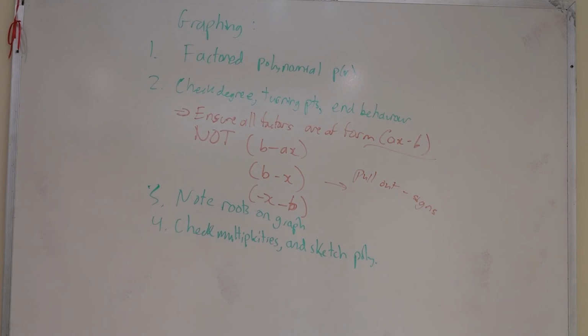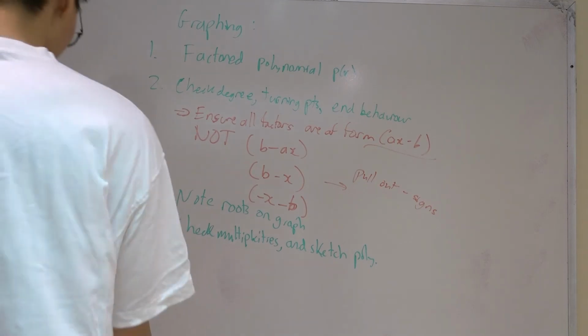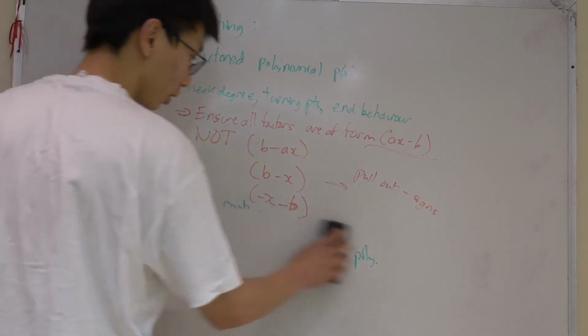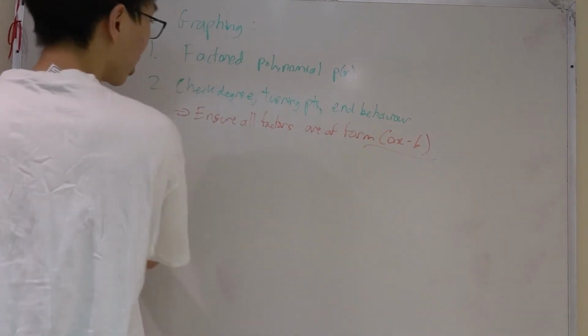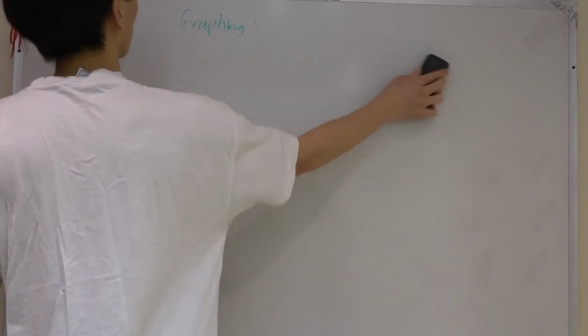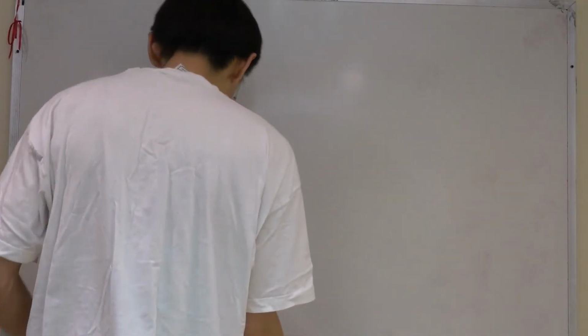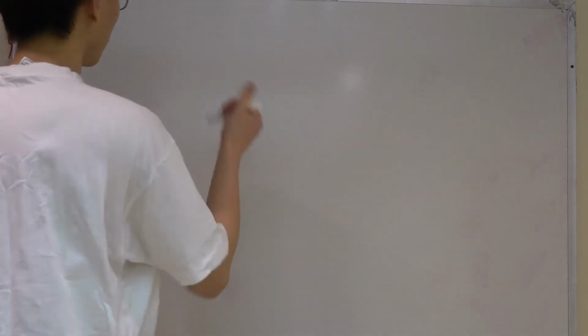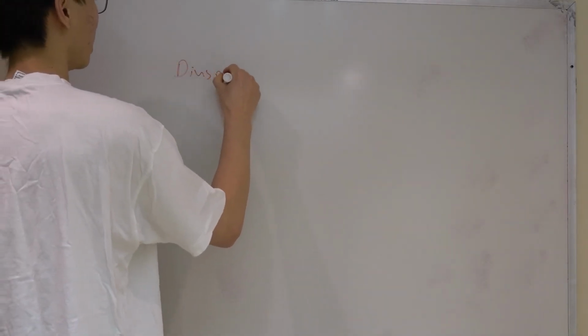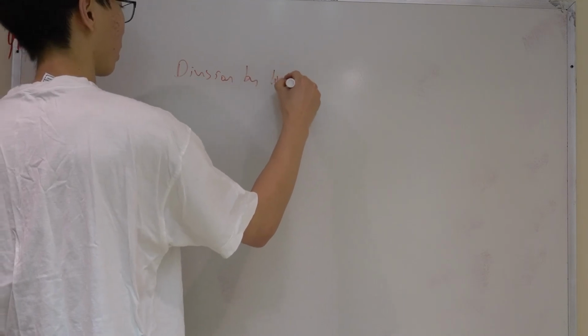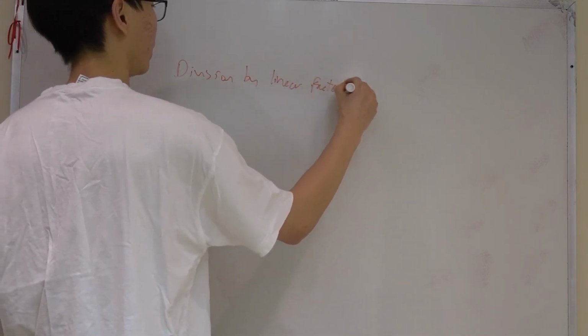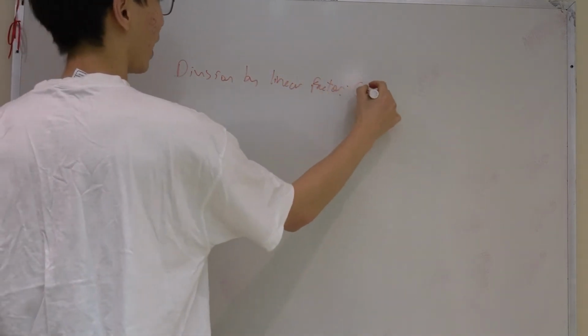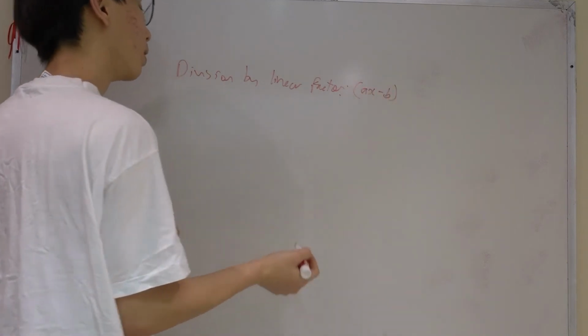Now, here is the thing that I was mentioning earlier. I'm just going to briefly mention what we're doing next lecture, which is something called synthetic division. Recall that one of the steps in the procedure was to do division by a linear factor, and a linear factor is of the form ax minus b.